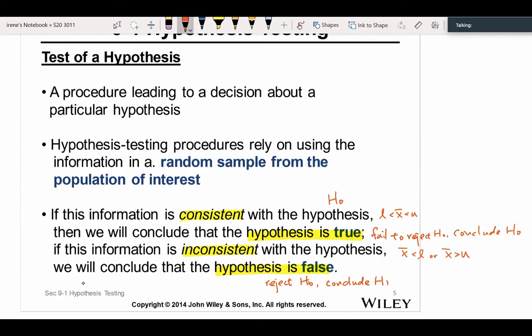Okay? So you will only have two possible conclusions. Fail to reject it, conclude H0. Or reject it, conclude alternative hypothesis.